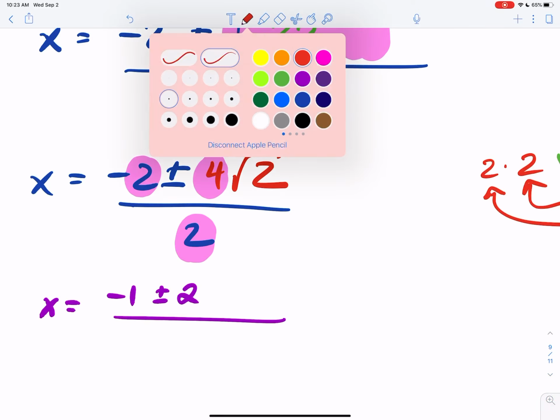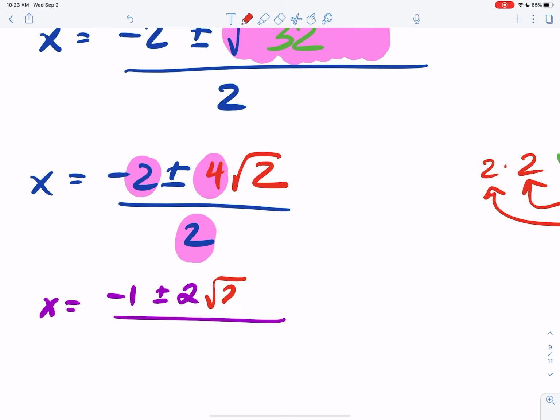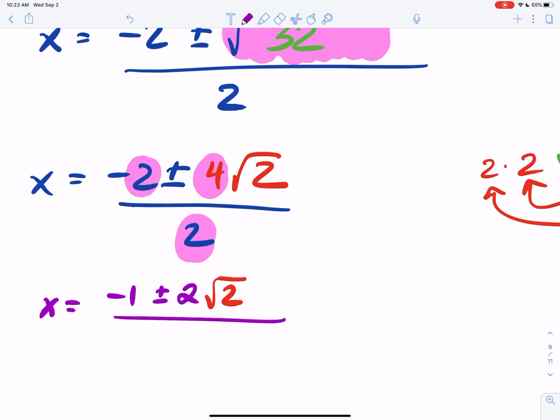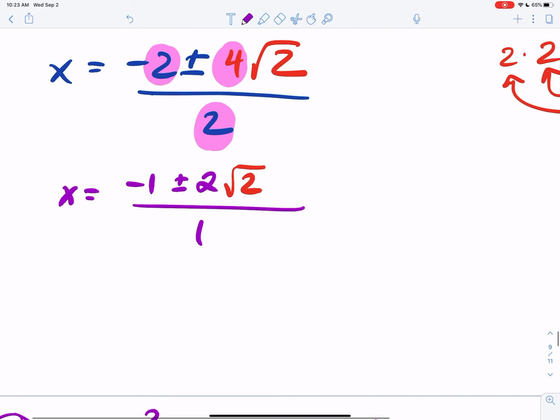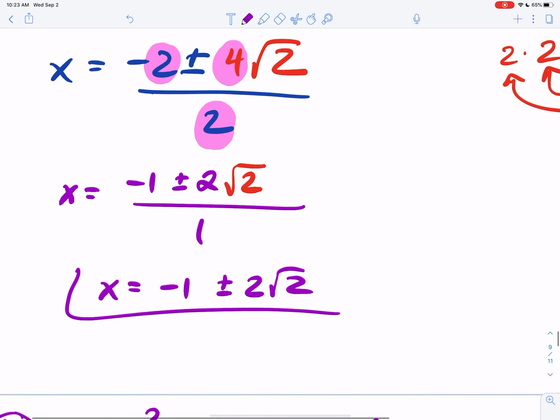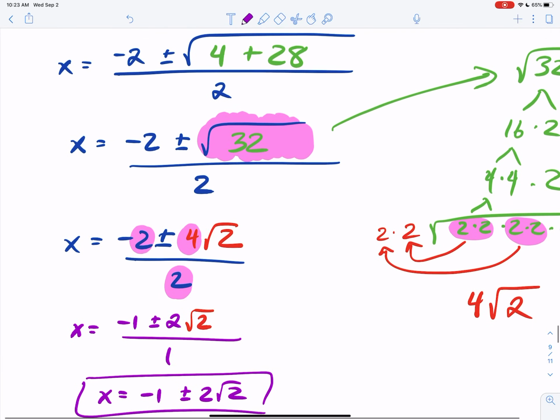The radical 2 stays the same. And down below, 2 divided by 2 is just 1. Okay? Now, when you're dividing by 1, it really doesn't change anything. So you could just write negative 1 plus or minus 2 radical 2. All right? Okay. I think that was my first mistake.